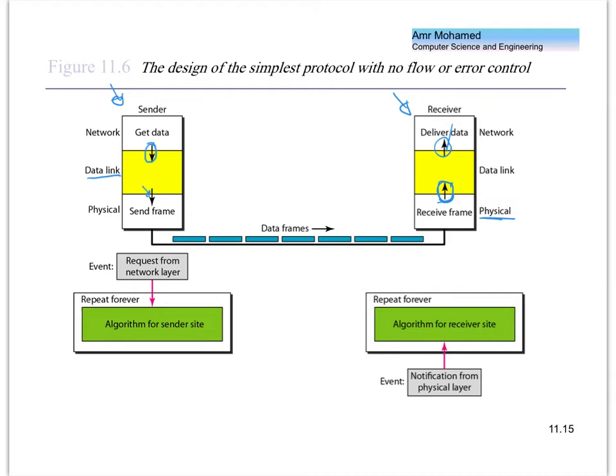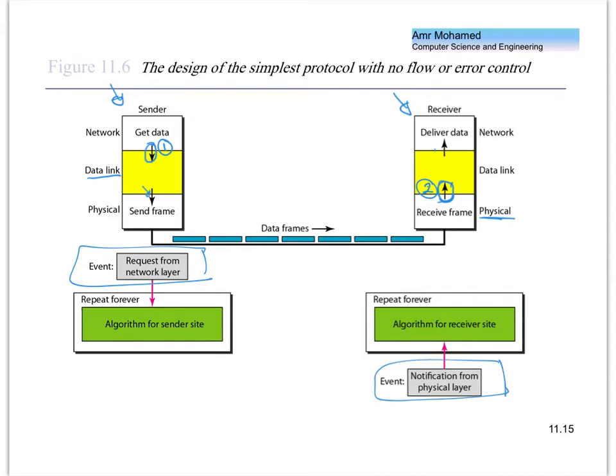Is that clear? So this is one event and this is the second event. At the sender side, you have one event you are waiting for, and at the receiver side, you have one event you are waiting for.